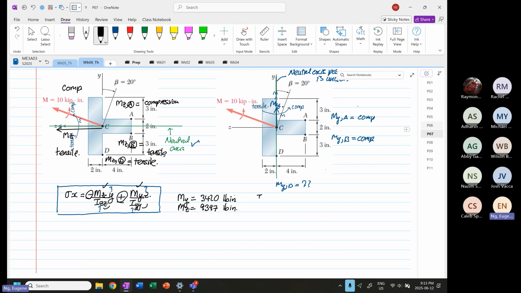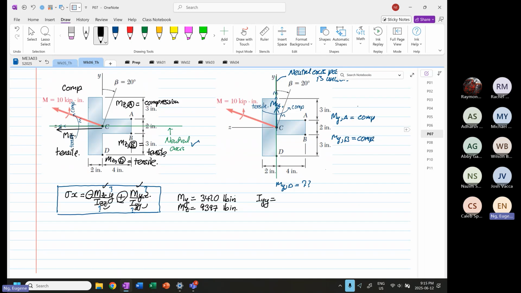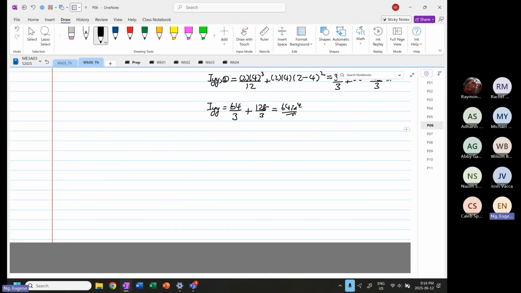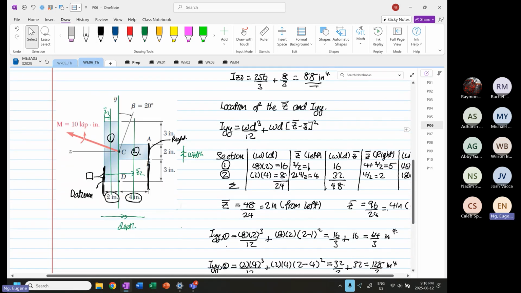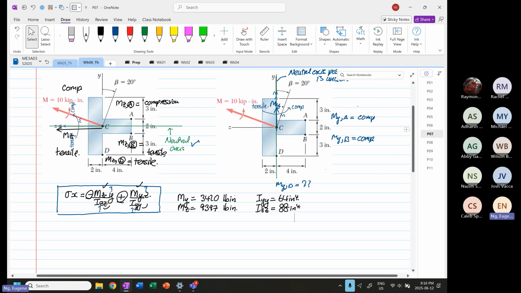We have also found our IYY to be equal to 64. And now IZZ is equal to 88. Let me confirm. Okay, so IZZ 88, spot on. Okay, we got that.